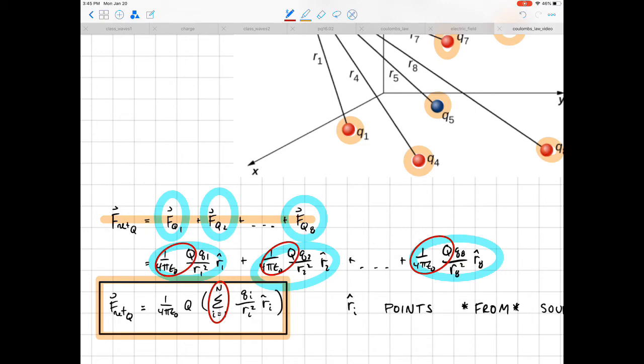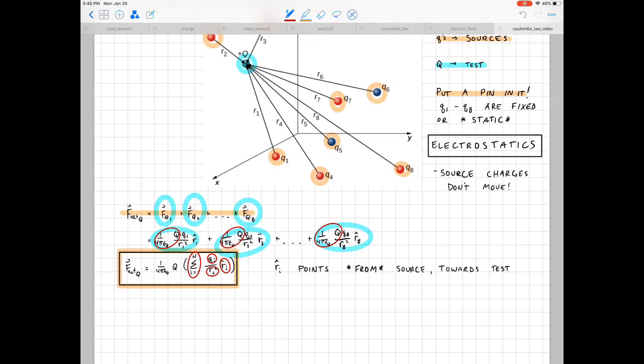And for each of those terms, you're going to look at the charge associated with that object, the separation from your test charge to that individual source charge, and then the last thing that's in here is the term that carries the vector, the direction nature, this r hat, and I've got it written out over here.